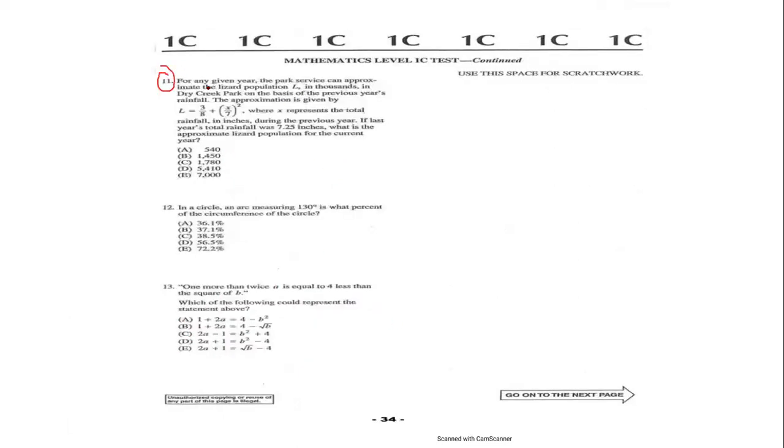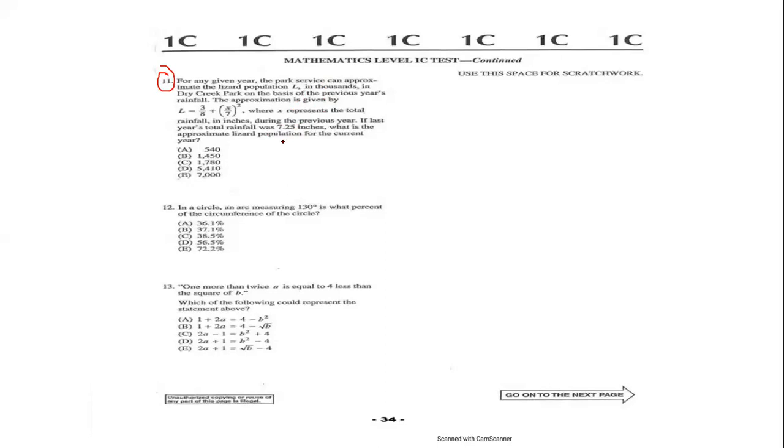Number 11. For any given year, the Park Service can approximate the lizard population L, in thousands, in Dry Creek Park on the basis of the previous year's rainfall. The approximation is given by L equals 3/8 plus x/7 all squared, where x represents the total rainfall in inches during the previous year.